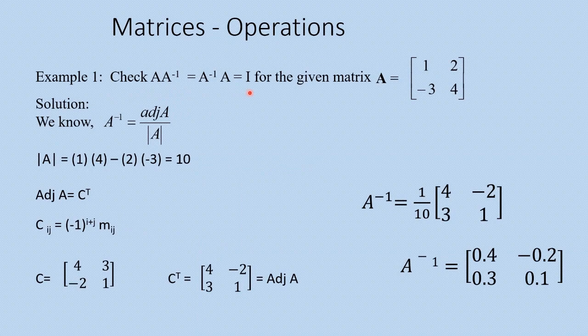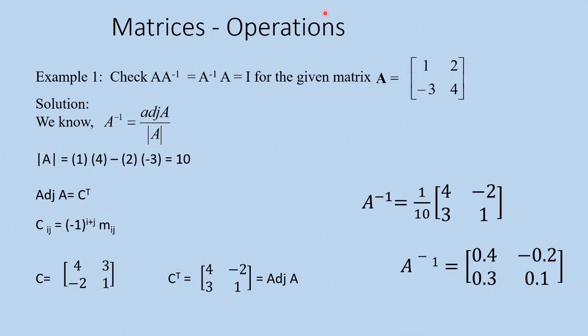Example 1. Check A times A inverse is equal to A inverse times A is equal to I, the identity matrix, for the given matrix. Solution. We know A inverse is equal to adjoint matrix A divided by determinant A. Here, determinant A is product of diagonal 1 and 4 minus product of diagonal 2 and 3, which is 10.